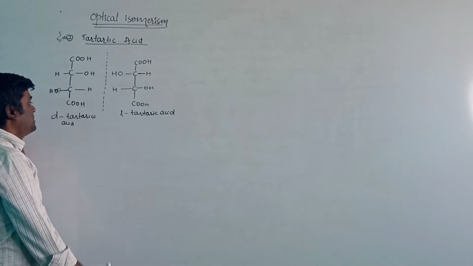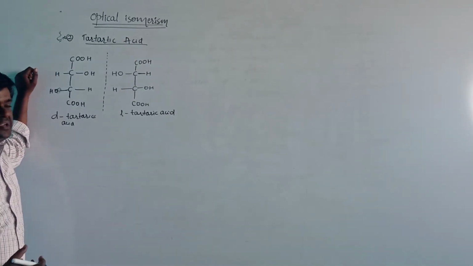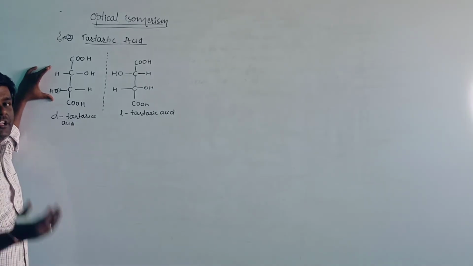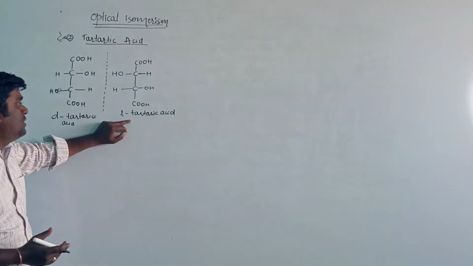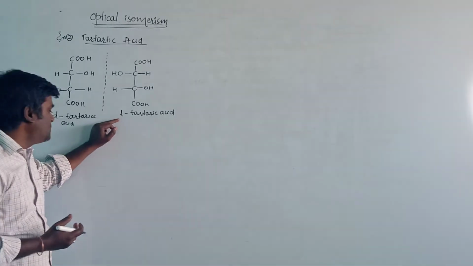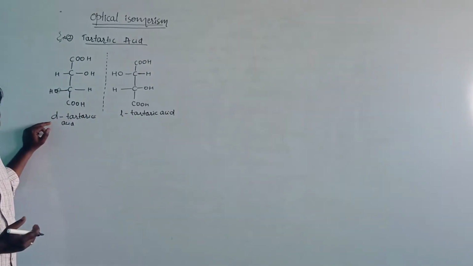D-tartaric acid means dextro-rotatory, and L means levo-rotatory. It will rotate the plane polarized light in the right direction, and this compound will rotate the plane polarized light in the left direction. Therefore, it is known as L-tartaric acid and D-tartaric acid.